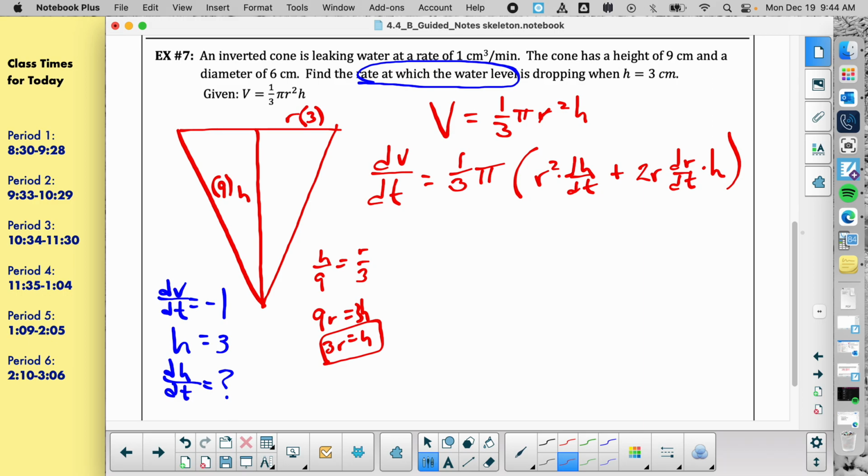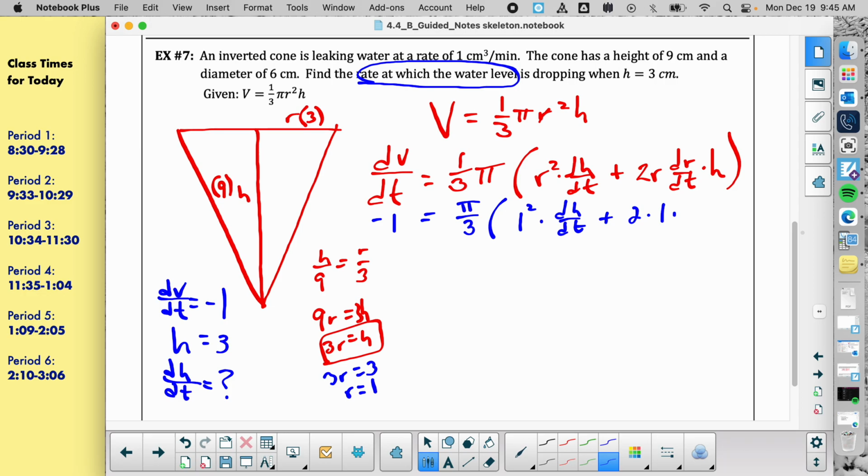So let's say we try to fill in this stuff. dV/dt is -1. R we don't know, but we do know that h was supposed to be 3. So if h was 3, then r is 1. dh/dt is what we're trying to solve for. R was 1. dr/dt, again, we don't have.